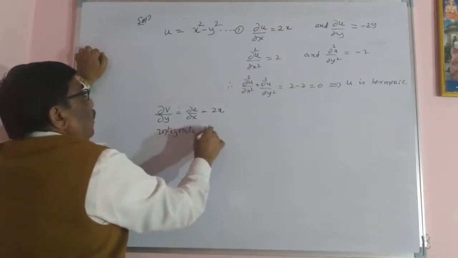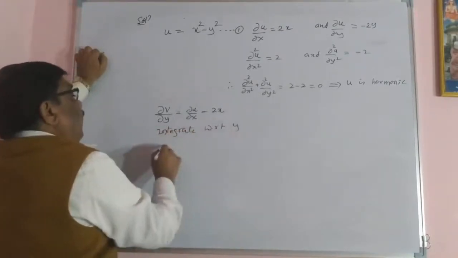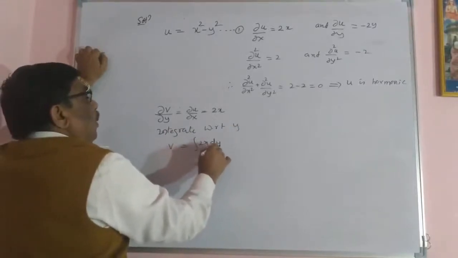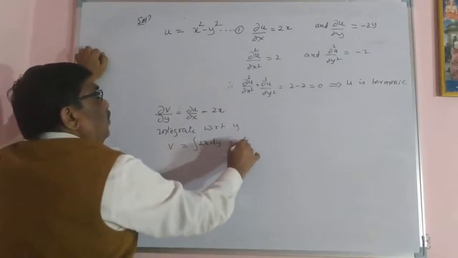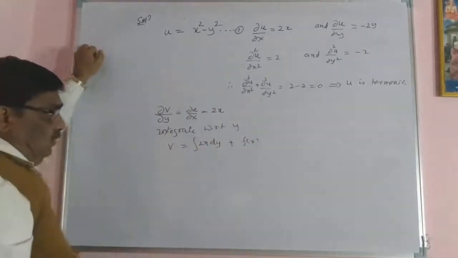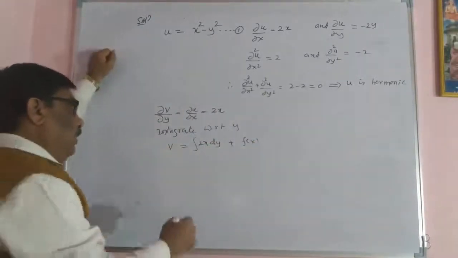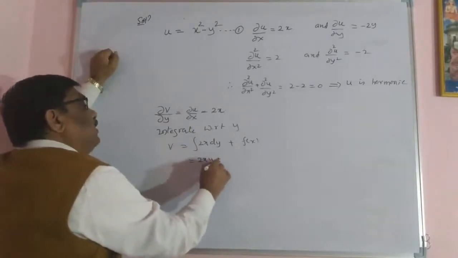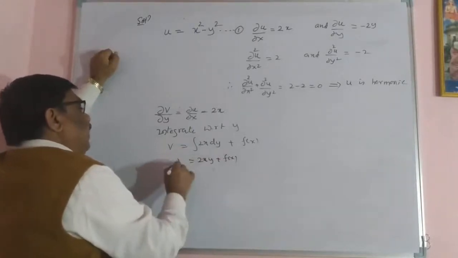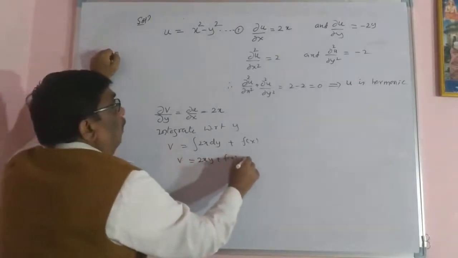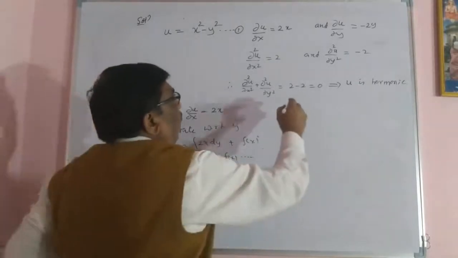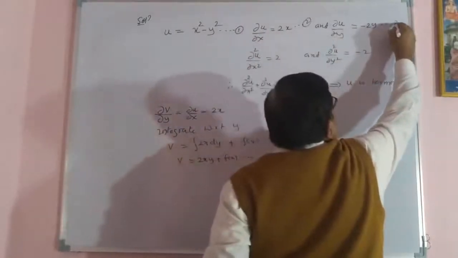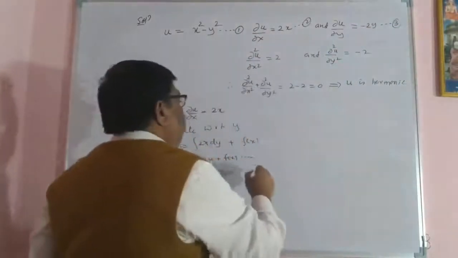Therefore, v equals the integration of 2x dy plus the function f(x). Always you have to take f(x). 2x is outside and the integral of 1 dy is y, plus f(x). This is v. Call this as 2, this as 3, and this should be 4.